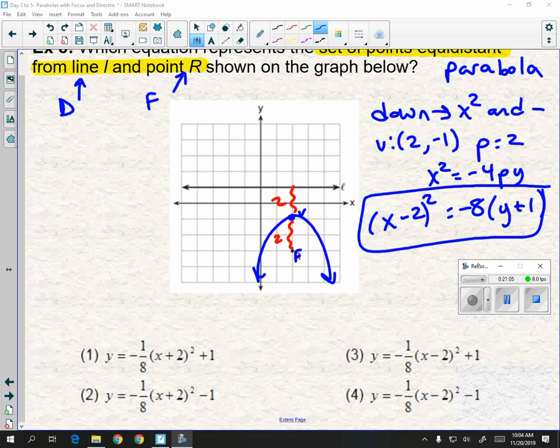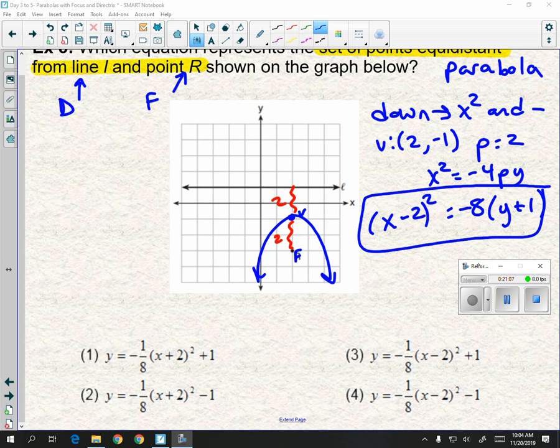Now you can solve to get y by itself, which is complicated, or you can look and try to cancel out options. I know this is supposed to be x squared and negative. All of my answer choices have an x squared and the negative in them, so that doesn't help me. The next thing that can help me is the vertex. And the vertex is 2, negative 1.